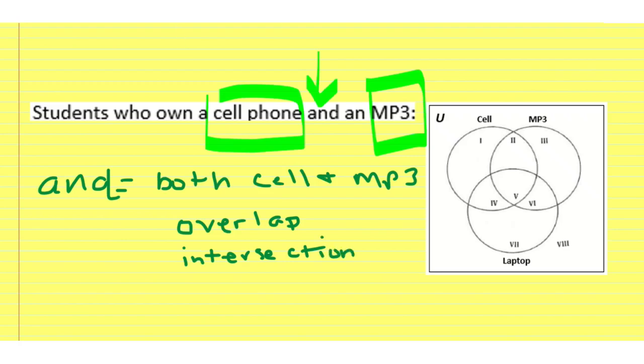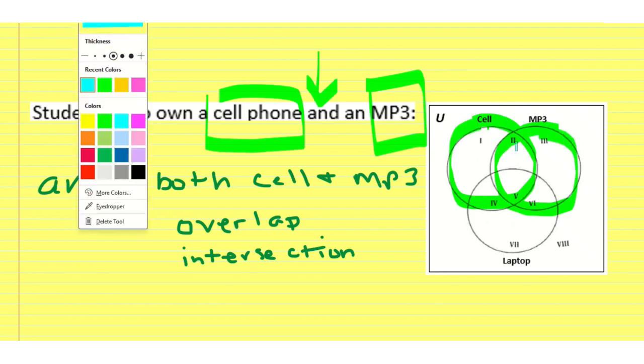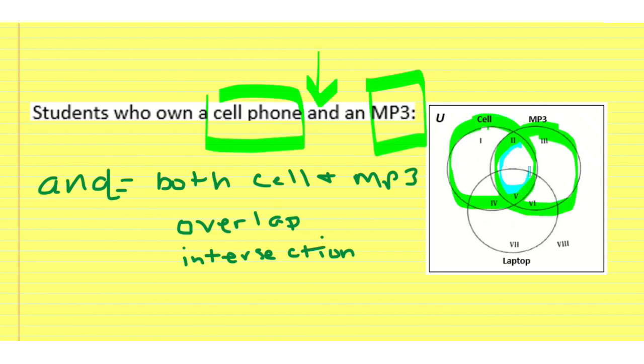Okay, so that means I'm going to look at the cell phone circle. Cell phone circle is right there. And then I'm also going to look at the MP3 circle. So where is the overlap between those two circles? Well, this space right here is the overlap area or the intersection between these two circles.